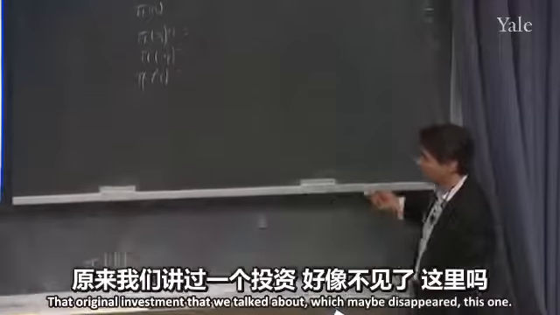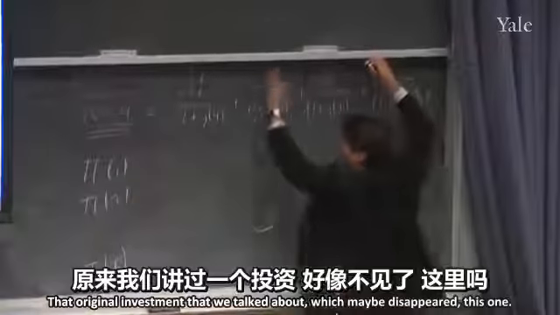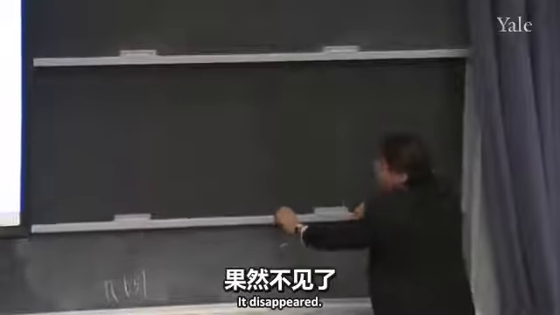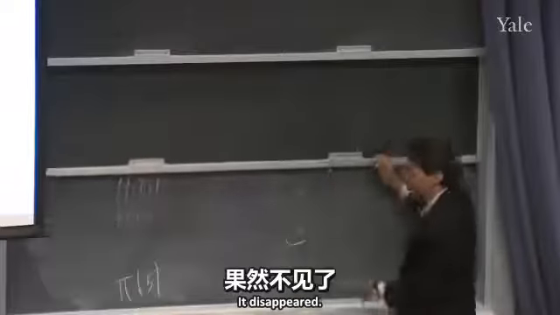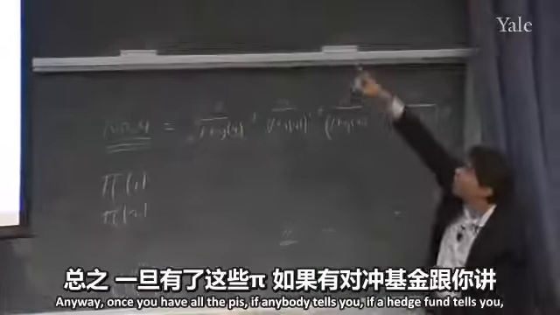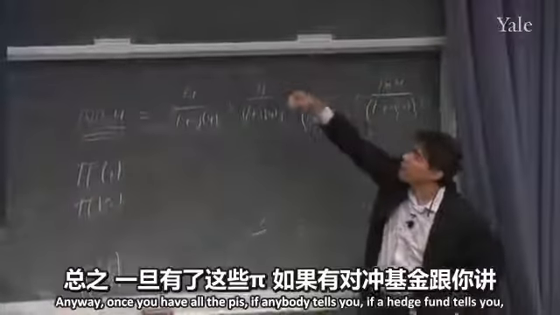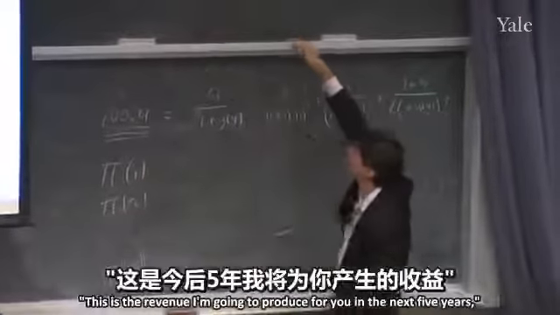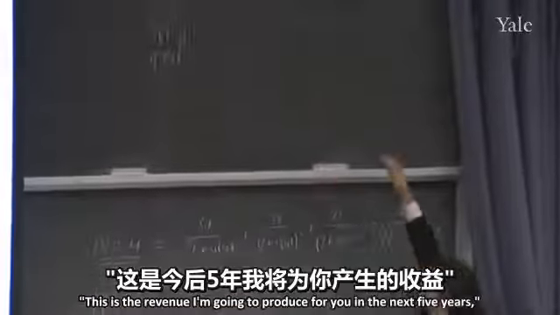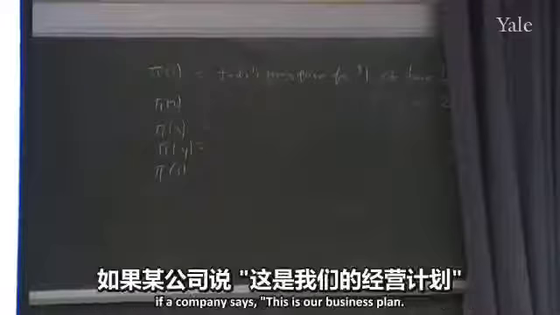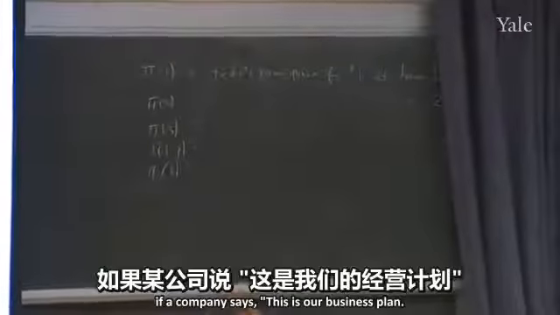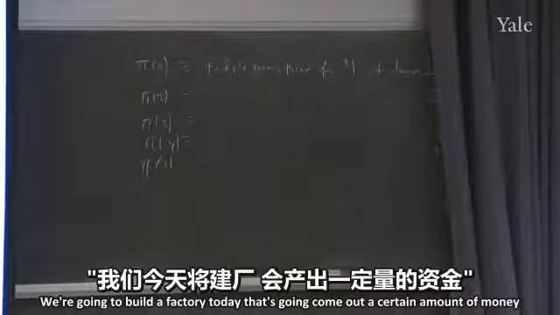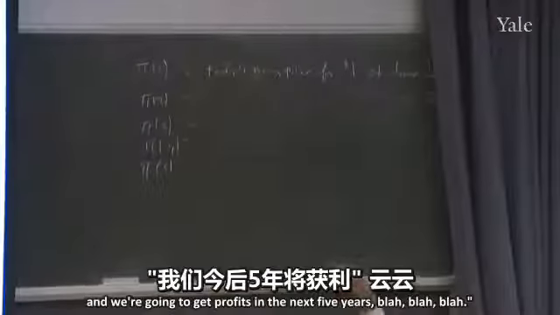That original investment that we talked about, which maybe disappeared. Anyway, once you have all the pies, if a hedge fund tells you this is the revenue I'm going to produce for you in the next 5 years, or a company says, this is our business plan, we're going to build a factory today that's going to cost a certain amount of money, and we're going to get profits in the next 5 years.